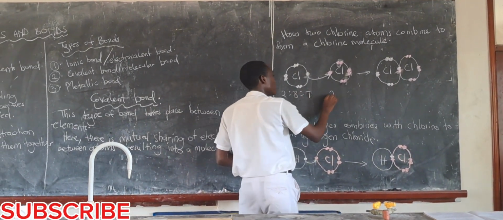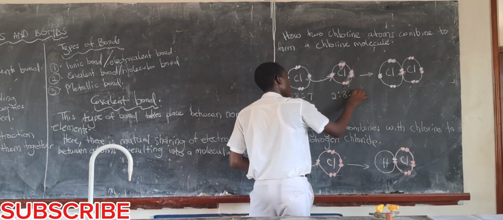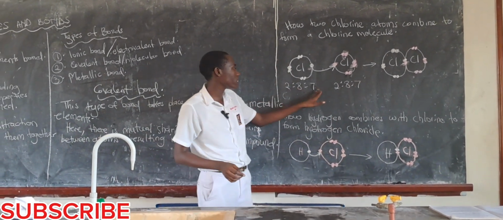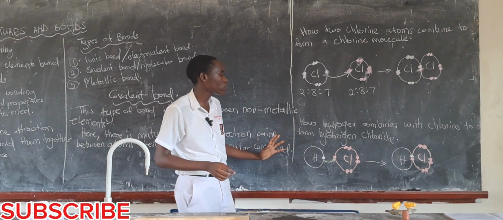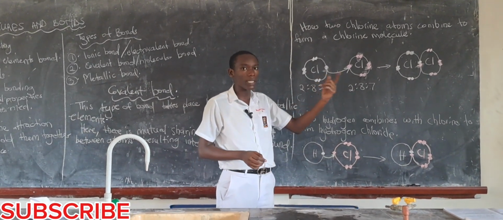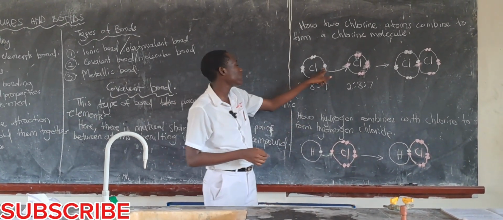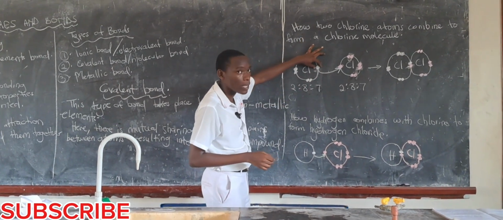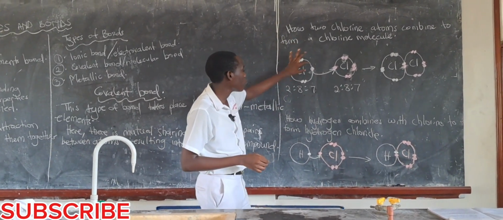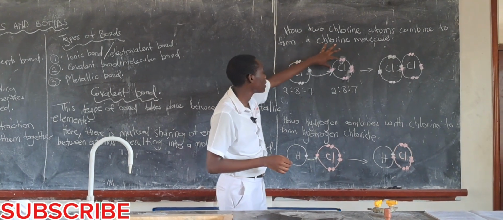Then this is also 2, 8, 7. These 7 are the valence electrons. So it means it lacks one more electron to become stable. And you can see that we have an unpaired electron. These ones are paired, but we have an unpaired electron even here.